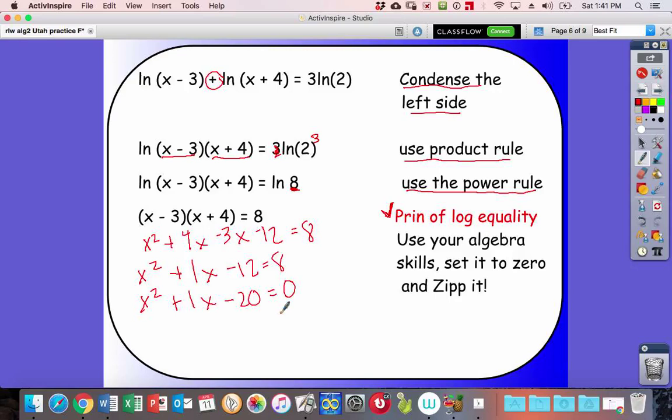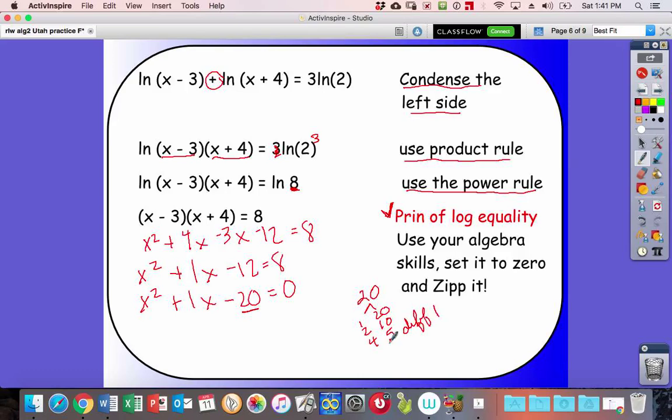Okay, now I need to factor it. I need to find two numbers that multiply to 20 that have a difference, I'm looking at that sign there, a difference of 1. So if I looked at my factors of 20, 1 and 20 do not help me. 2 and 10 do not help me. 4 and 5, is there a difference of 1?